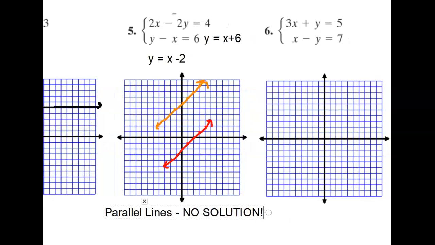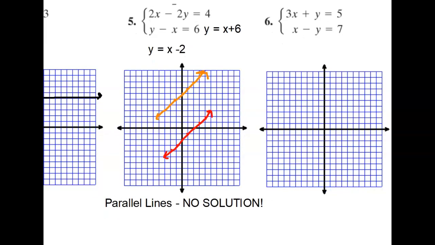Okay, looking at example number 6, plotting some points. Solving for y, you get negative 3x plus 5, so my y-intercept is 5. My slope is negative 3, so you go down 3 over 1, down 3 over 1. Once you have enough points to get that graph, you connect them.